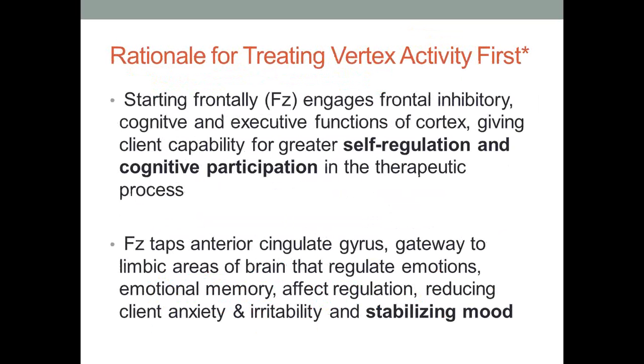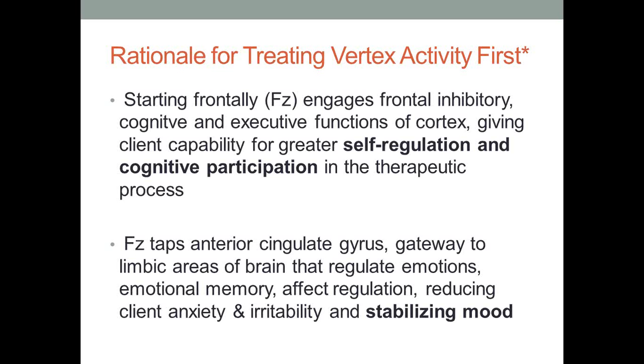Here was the rationale I was talking about for treating the Vertex activity. Basically, it engages frontal inhibitory, cognitive, executive functions of the cortex, gives clients capability for greater self-regulation and cognitive participation in the therapeutic process, and taps the anterior cingulate gyrus, the gateway to the limbic areas of the brain that regulate emotions, emotional memory, and affect regulation.